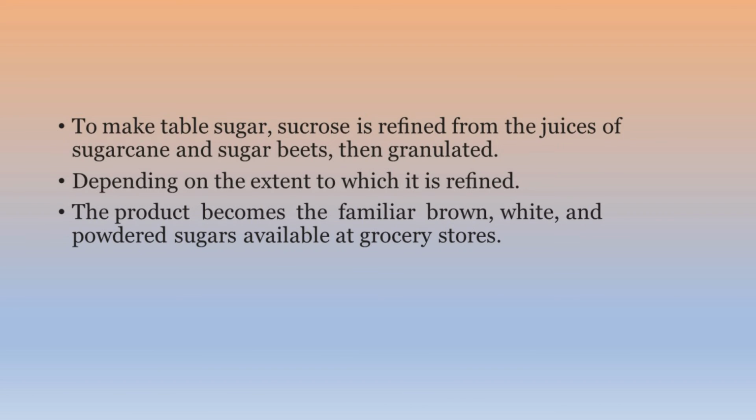Since sucrose is a disaccharide, it must be broken down before your body can use it. Enzymes in your mouth partially break down sucrose into glucose and fructose. The majority of sugar digestion happens in the small intestine. The enzyme sucrase, which is made by the lining of your small intestine, splits sucrose into glucose and fructose.